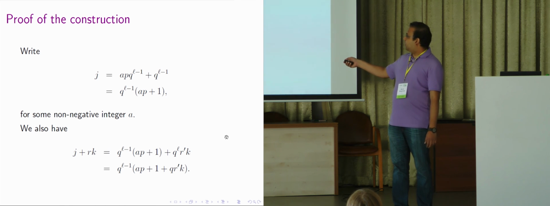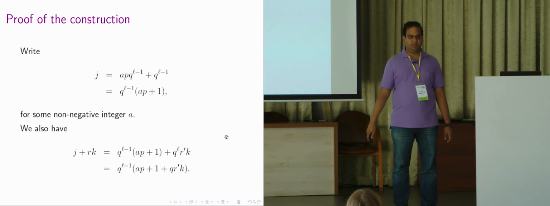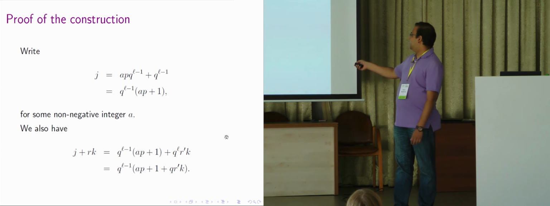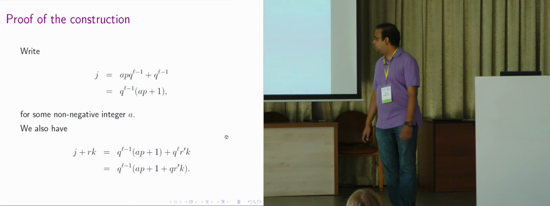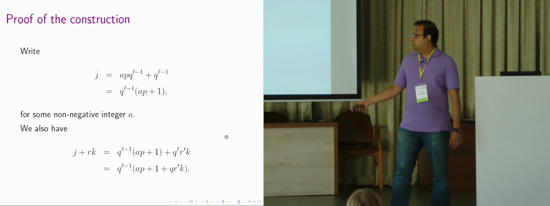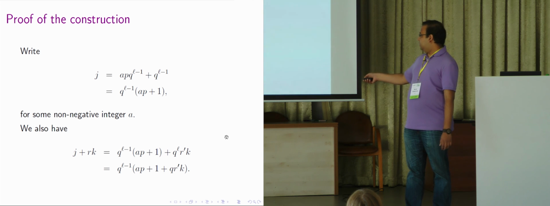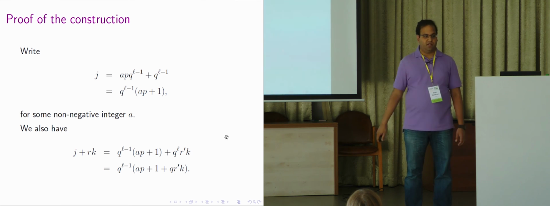So let's write it out. J is congruent to q to the L minus 1 modulo p times q to the L minus 1. And we simplify a little bit. We do the same thing for j plus rk. Here is j, this is r, this is k, and we simplify a little bit.